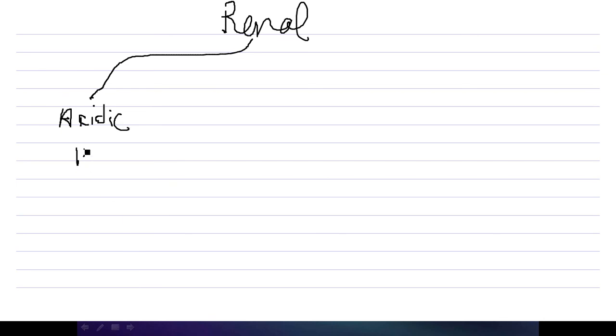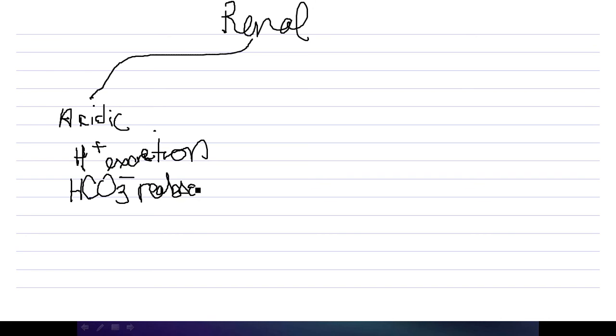Remember, they are normally excreting hydrogen ions, and they are normally reabsorbing bicarbonate. So remember, your kidneys are always doing this. The question is, under an acidic situation, should our kidneys be doing more of this or less of this?